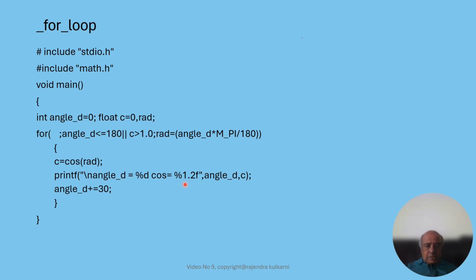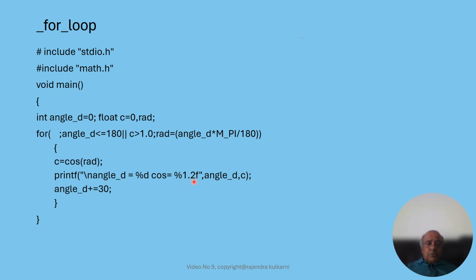Look at the format string here, percent 1.2f. This 1.2 causes the float value of cos to be displayed only up to two places after the decimal point.